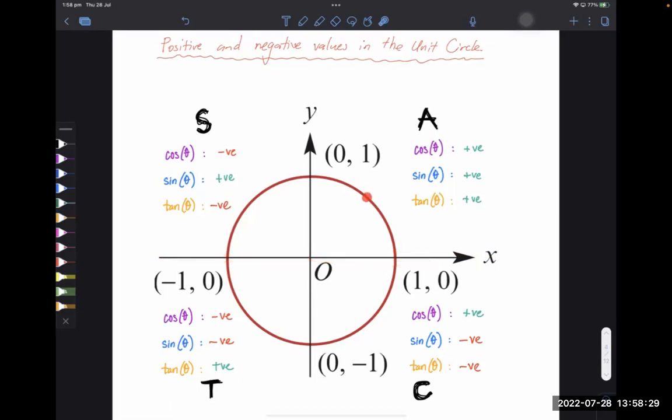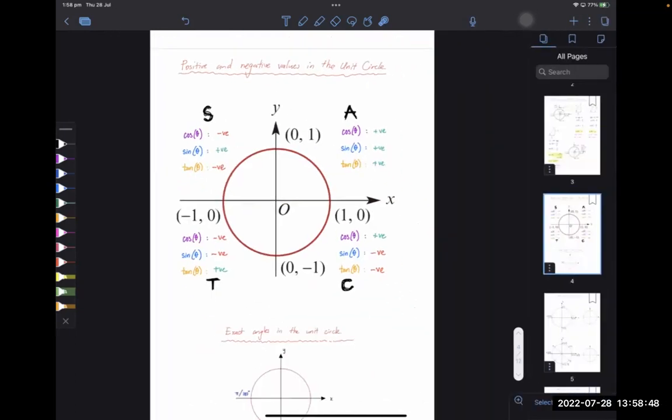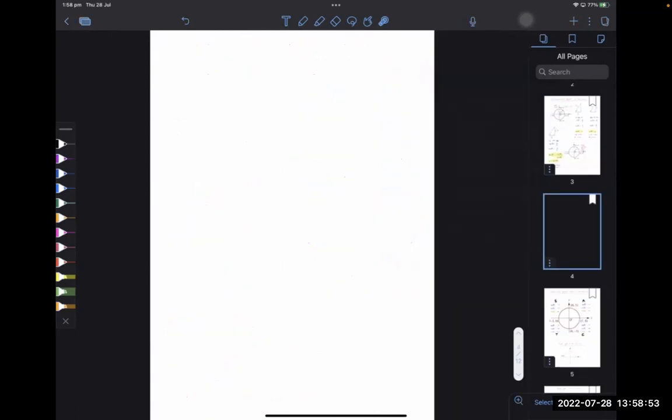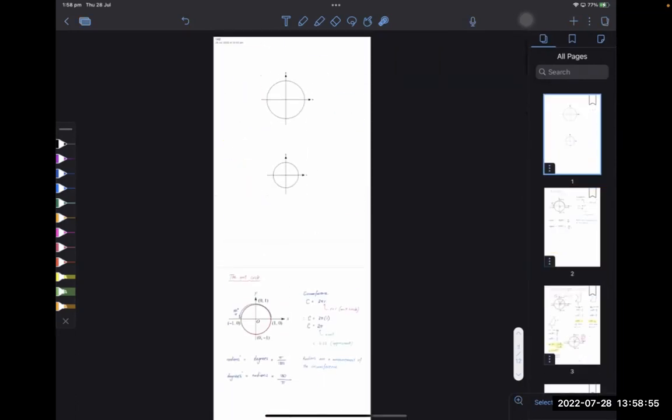If I put a point here, notice on the x-axis it falls upon the positive part. So if we're calculating cos in the first quadrant, it's going to be positive. Notice we're putting on a filter for our lens here. I'm going to add a new page and grab this circle.